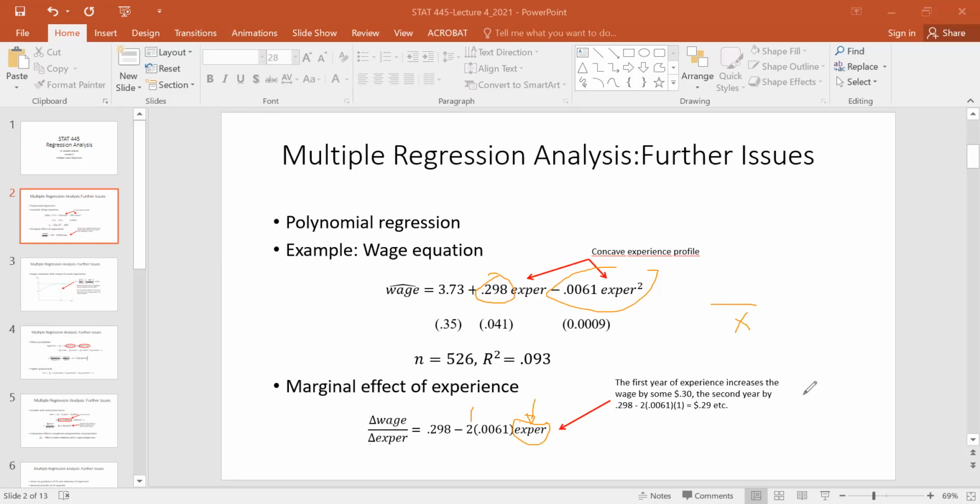And then we'll say, the impact of experience on wage at the average level of experience is this. You plug in that number here. So there should be no confusion. That's how we treat it. You must differentiate the dependent variable with respect to the independent before you can think about the impact.